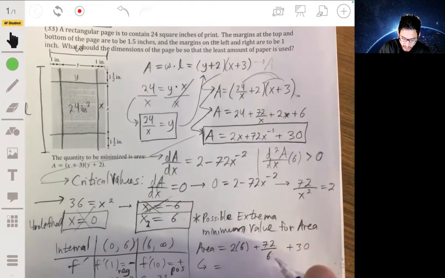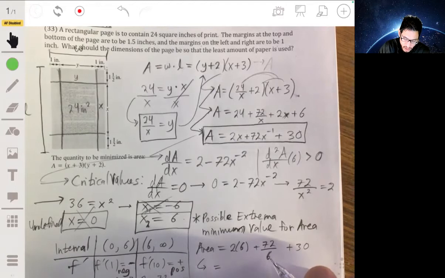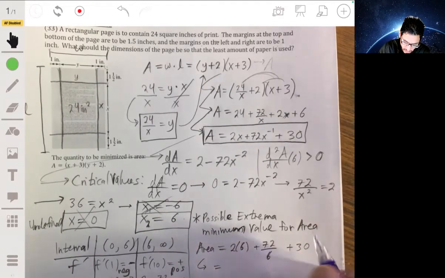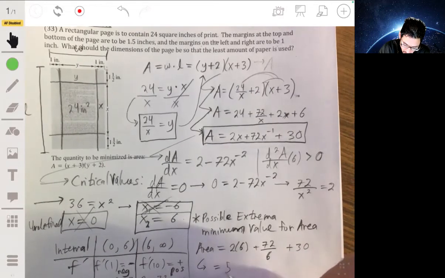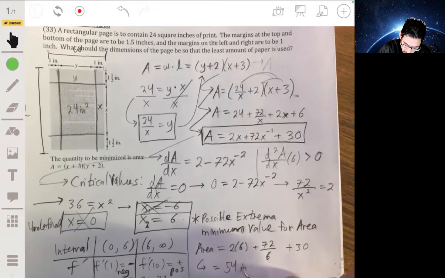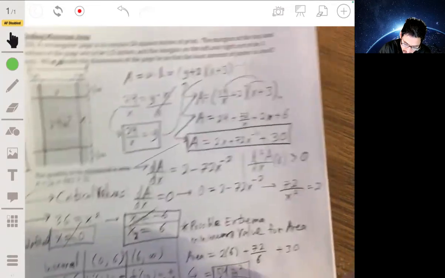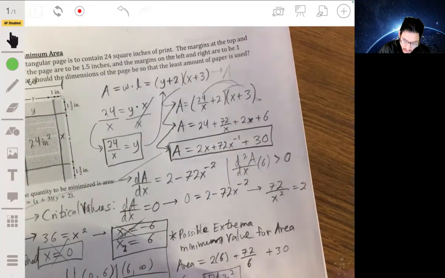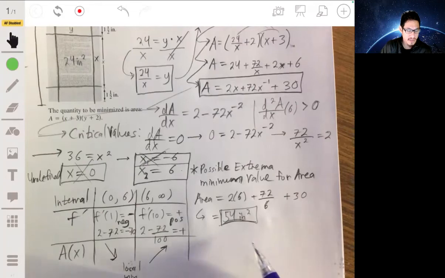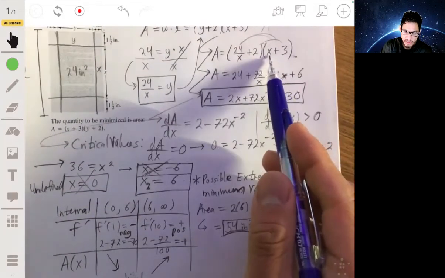So this will give me 12 plus 12 plus 30, which is 54. So my minimum area is 54 square inches when x equals 6.